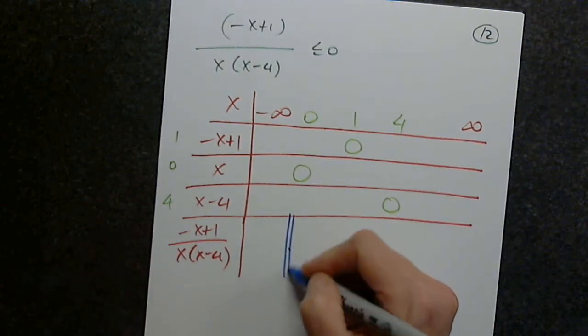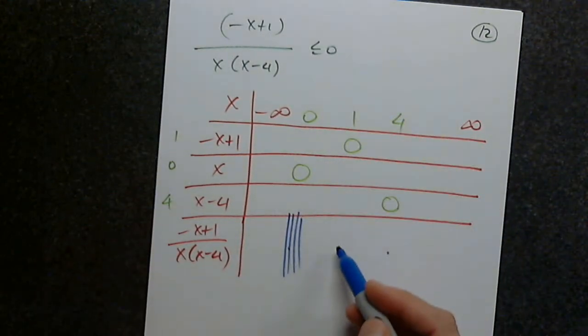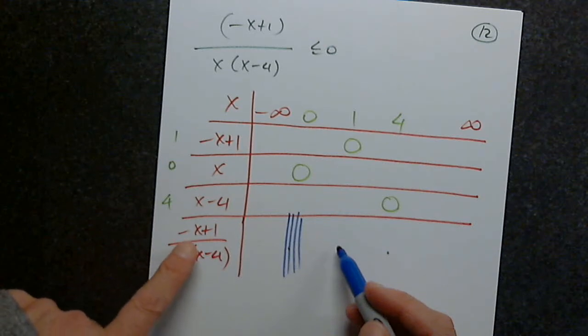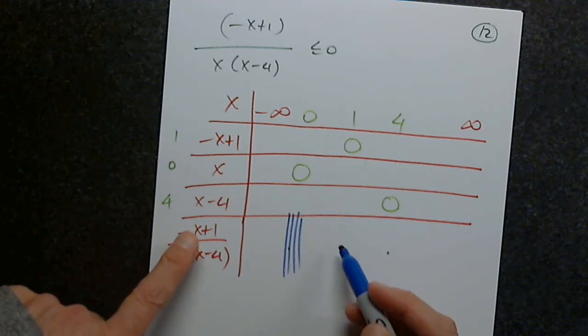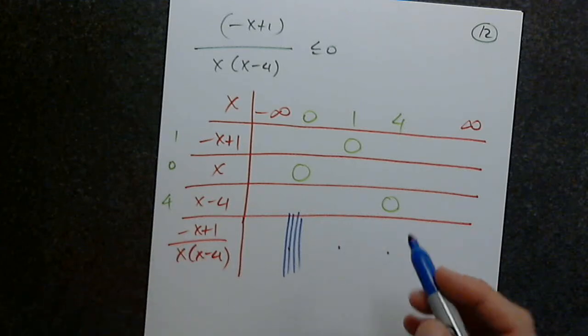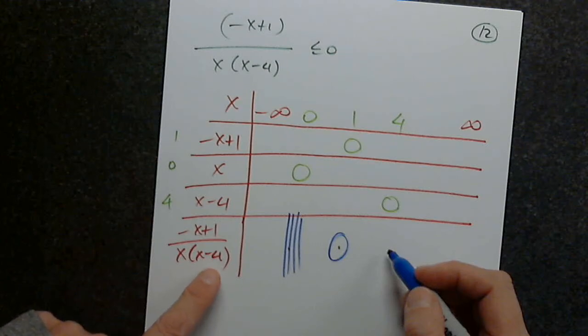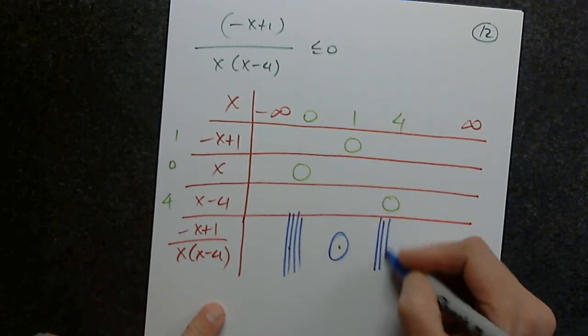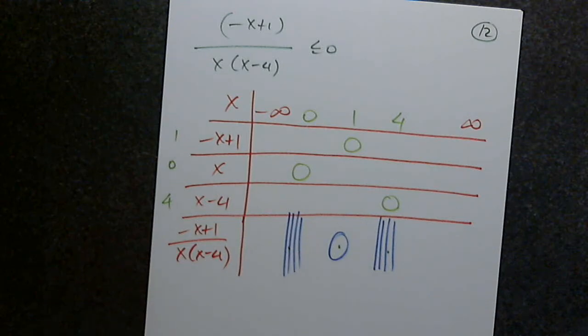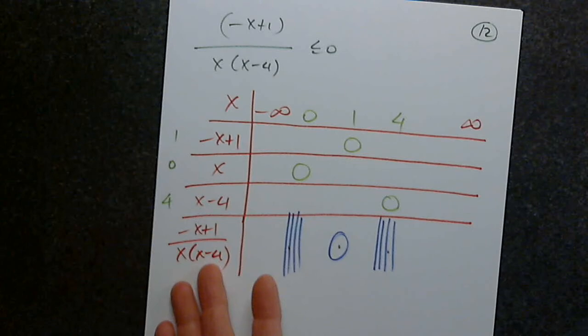Exactly. What happens under 1? Excellent. What happens under 4? Undefined. Is it clear that this expression must be undefined at 0 and 4?